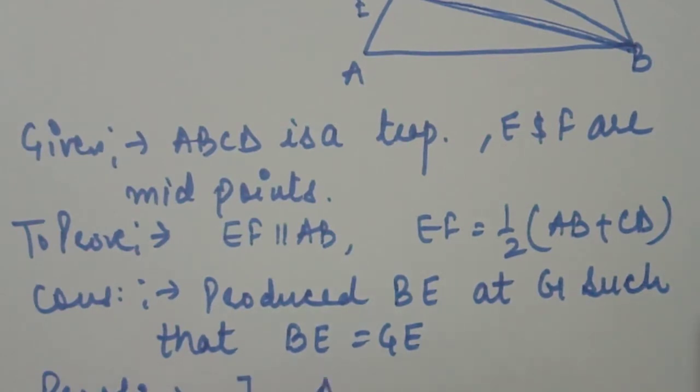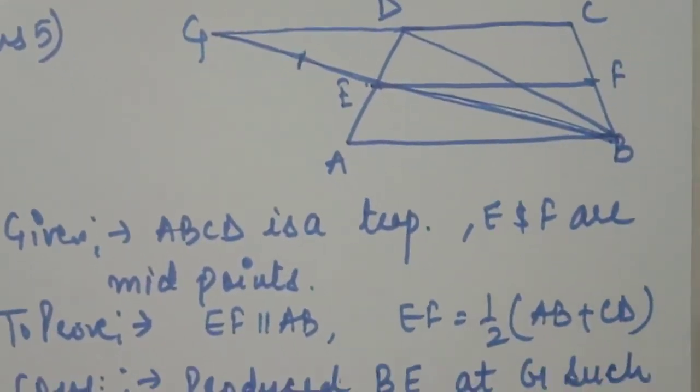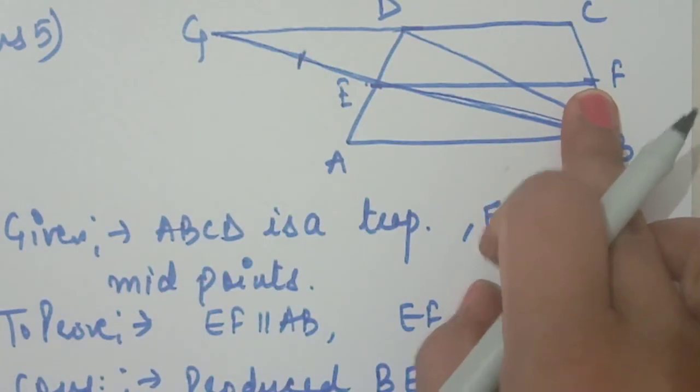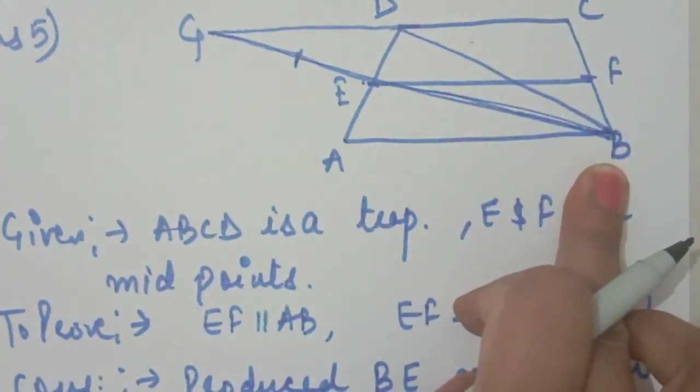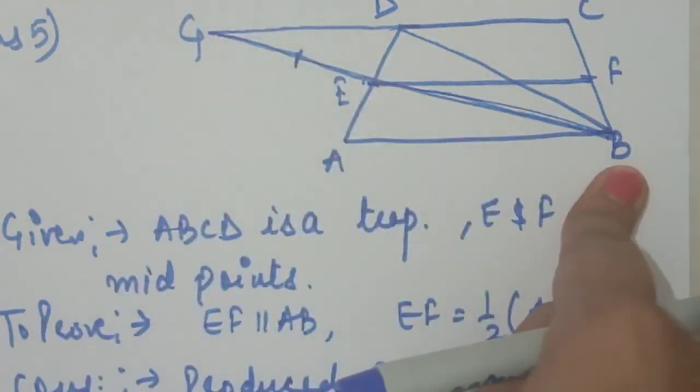In triangle BGC, let me show in your diagram. In triangle BGC, F is the midpoint of BC, it is already given to us, and E is the midpoint of BG by construction.